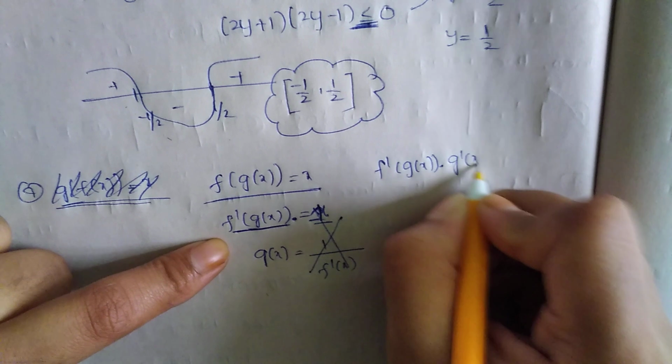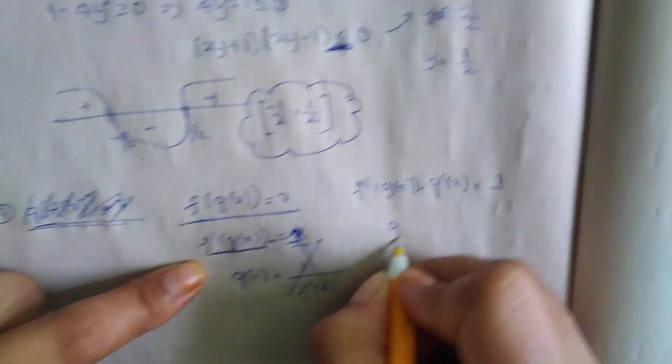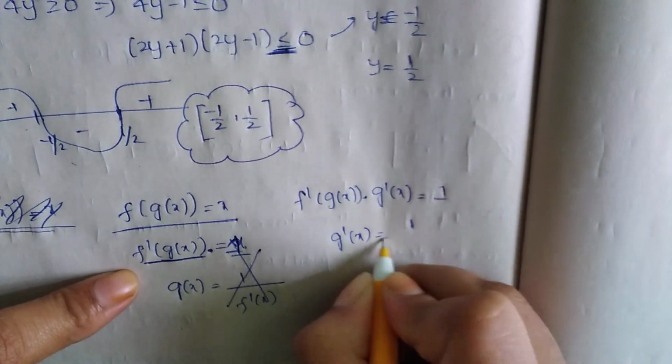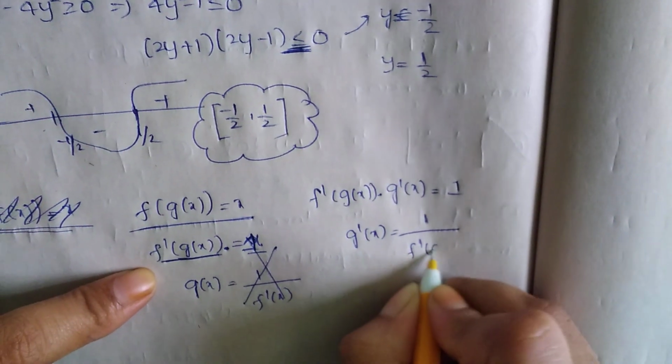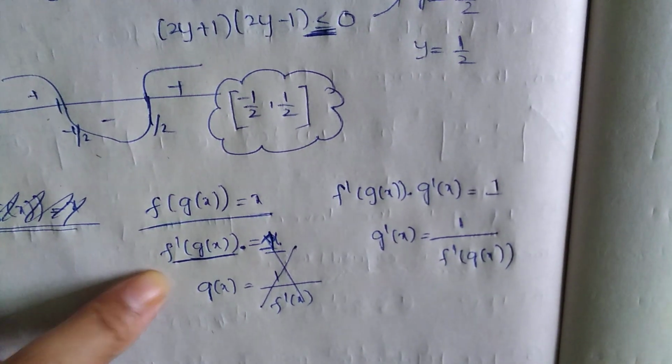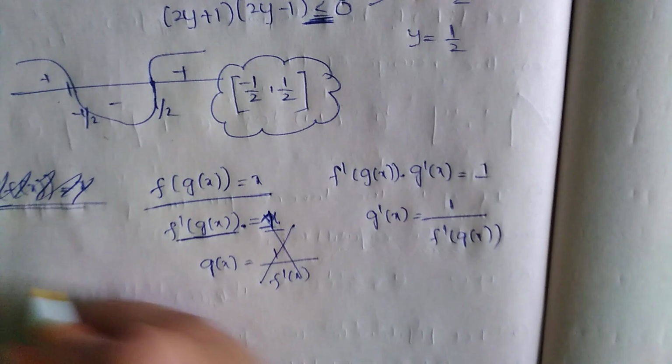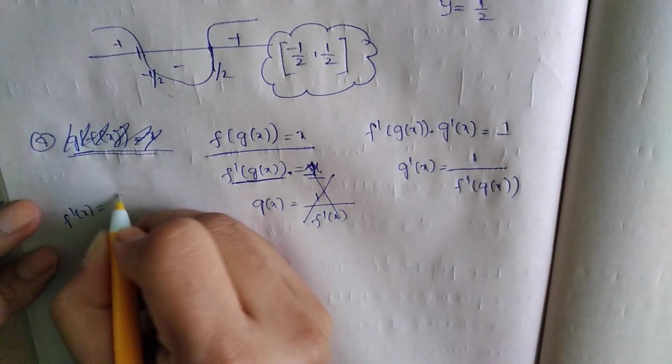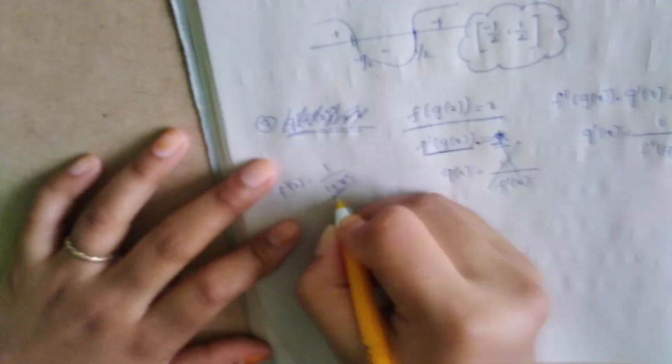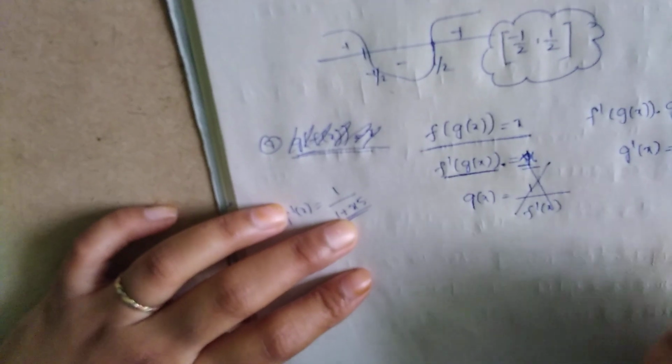What do you get? f dash of g of x into g dash of x is equal to 1. Now we have been given the value of f dash of x, which is 1 by 1 plus x power 5. So instead of x, substitute g of x.